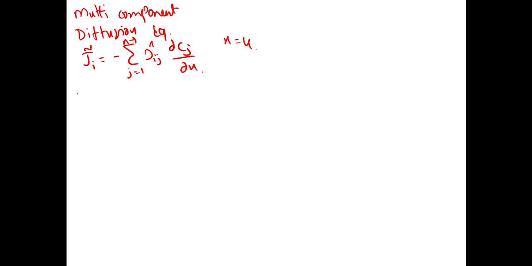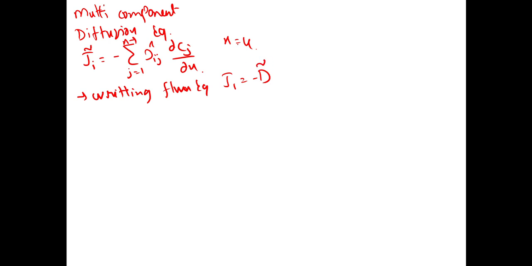First step is writing the flux equations in the above mentioned conditions. J1 is equal to minus D tilde.